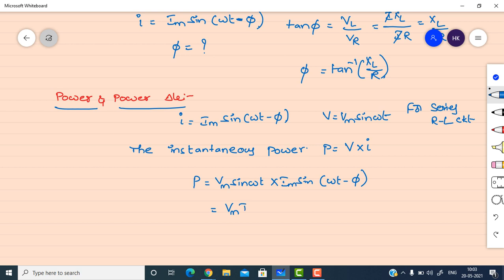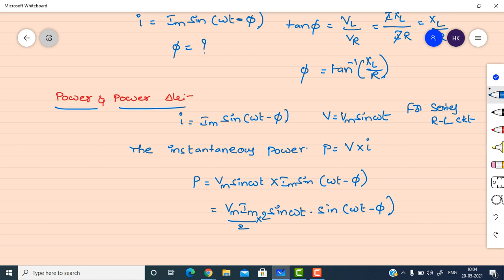So it is Vm Im sin ωt into sin(ωt − φ). Now I will divide and multiply by 2. These two will get cancelled, it is the same equation only.